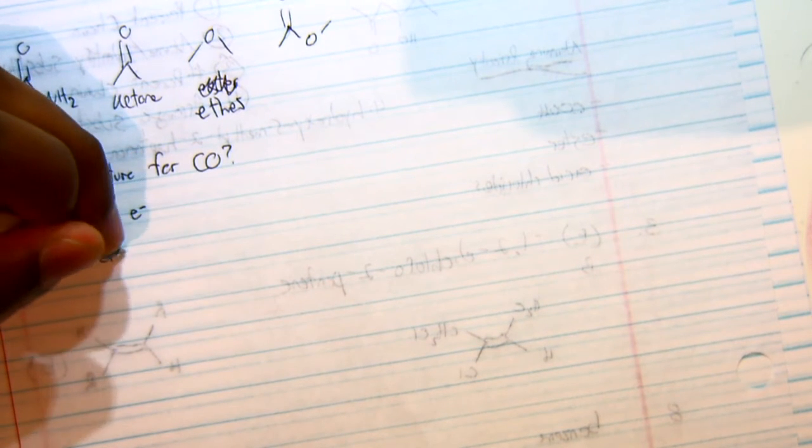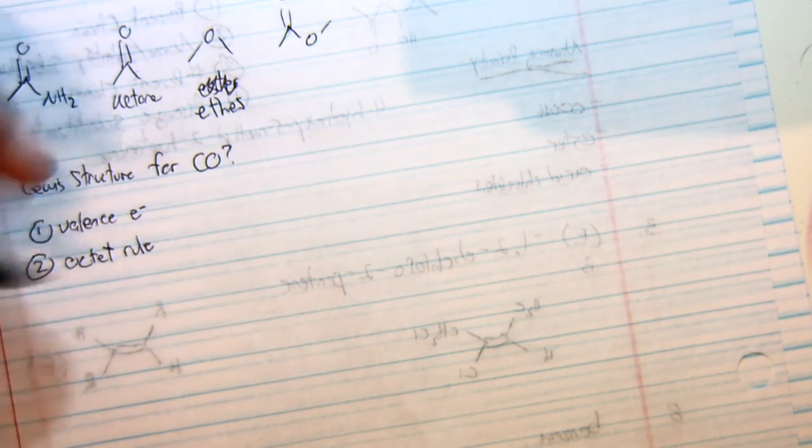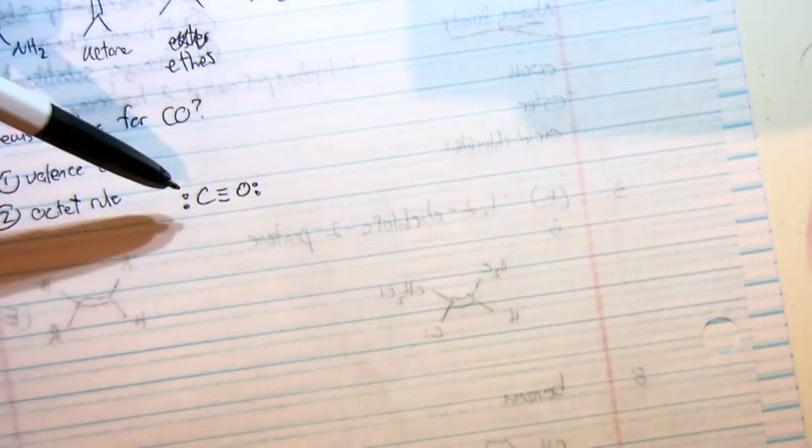So we kind of have to see if they all satisfy the octet rule. So let's start with A, which is just a C triple bond to an O. And for the octet rule, all you pretty much have to do is check if it has 8 electrons filling it in a way, which is probably the worst wording that I could have come up with.